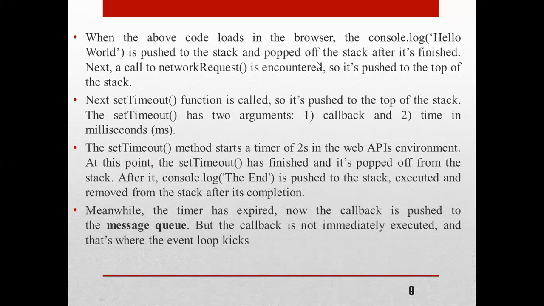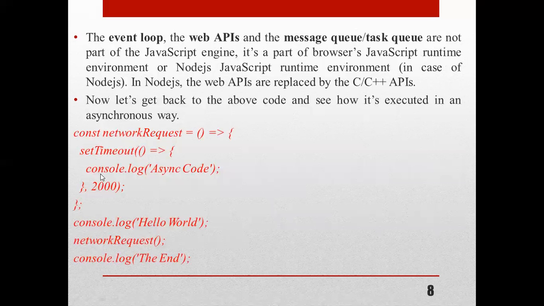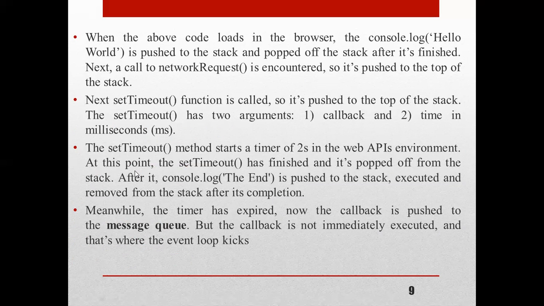After executing the console.log hello world statement, the next call, the network request, is encountered, so it is pushed to the top of the stack. Now the networkRequest method is on the stack, having setTimeout and one console.log statement.